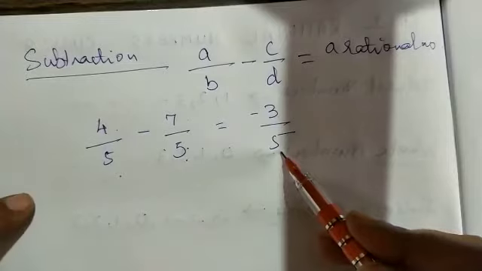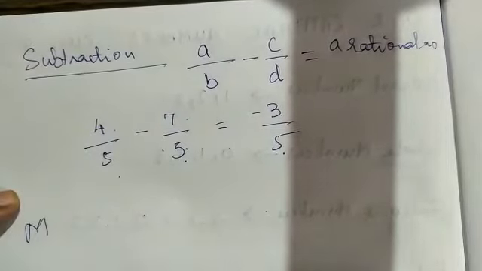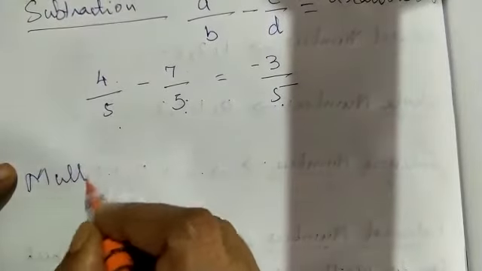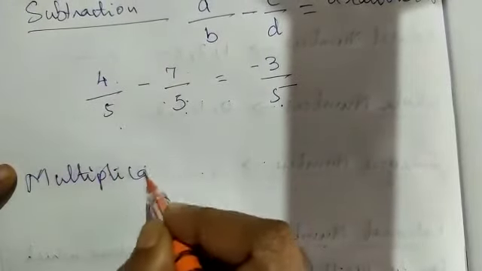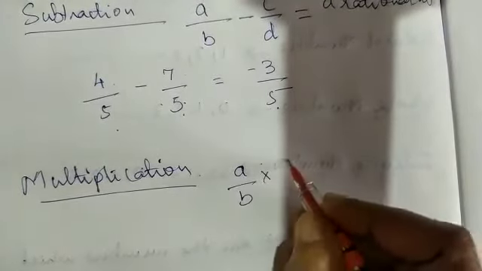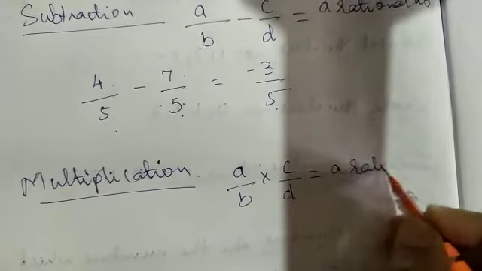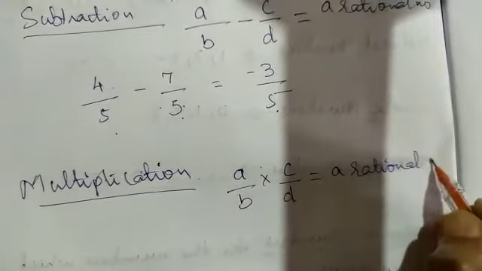So the closure property is correct for subtraction. Next, multiplication. When we multiply two rational numbers, we must get again a rational number.